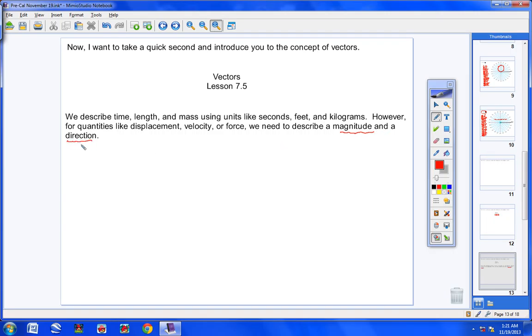For example, if I'm exerting force on an object, I not only have to know how much force, I have to know what direction I'm pushing the force, okay? And with time and length and mass up here, you really don't necessarily need a direction for those. But for force, velocity, and displacement, you're going to need a magnitude, okay, and a direction that the magnitude is taking place.